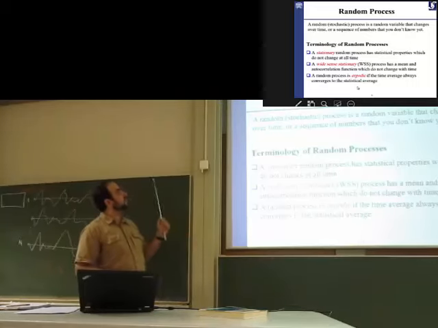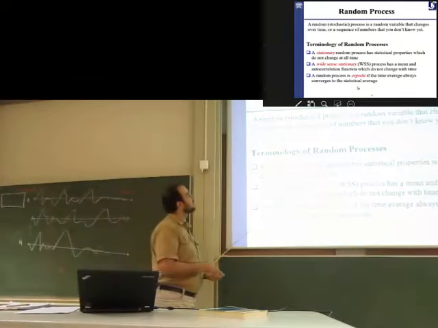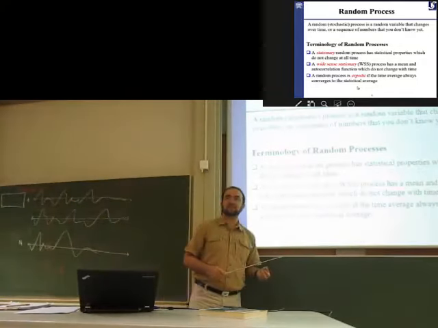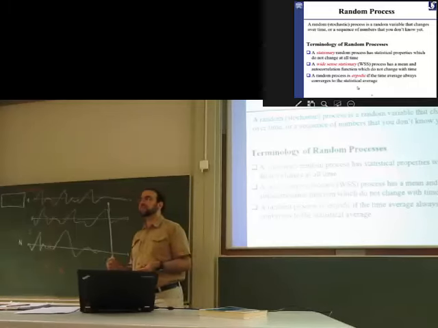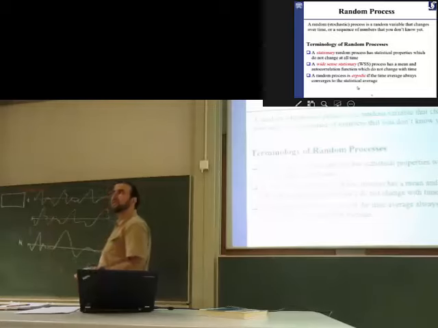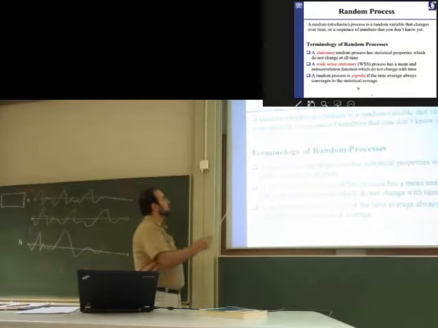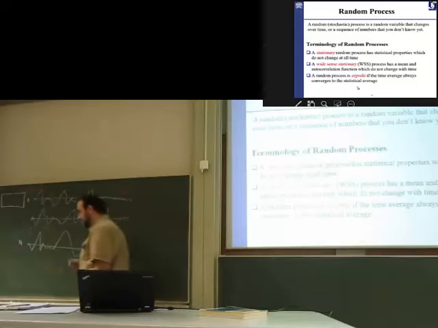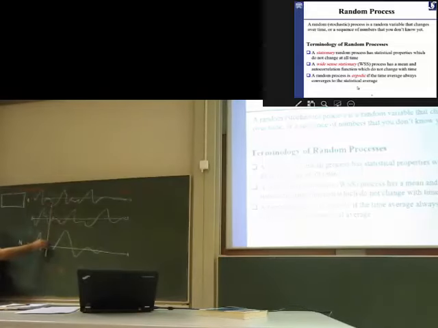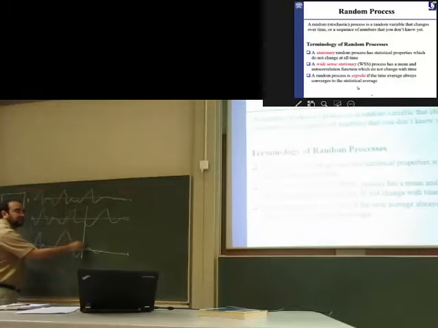There is some terminology associated with random processes. We need to know those terminologies, and I'll try to explain them in very simple statements using this example. What is a stationary process? A stationary process is a process in which the statistics of this random variable are the same as the statistics of this random variable and any random variables over time for the process.